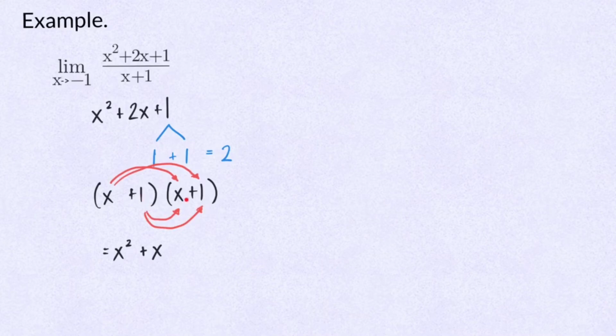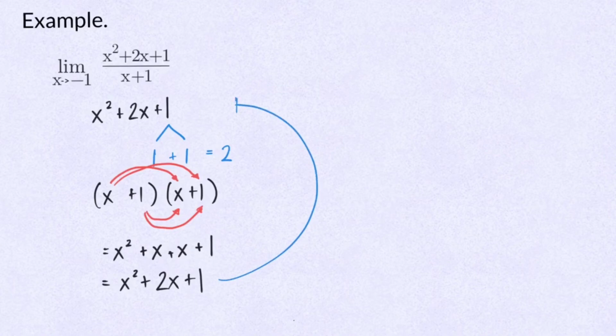One times x is equal to x, and 1 times 1 is equal to 1. Now, we will combine similar terms. x plus x is equal to 2x. So we will see that our factoring is the same. Our factoring is correct.